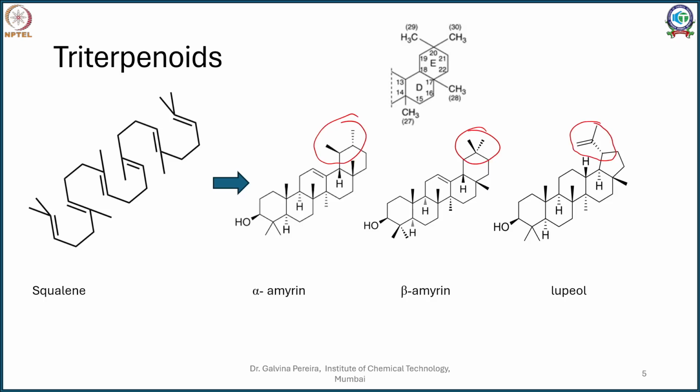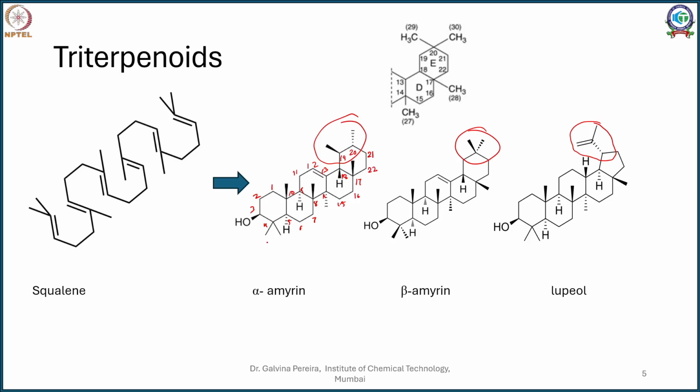If you go by numbering, we can have the same numbering 3, 4, 5, 6, 7, 8, 9, 10, the one which we studied in steroids. Again this gives you 11, 12, 13, 14, 15, 16, 17, 18. Then onwards you will see 19, 20, 21, 22.